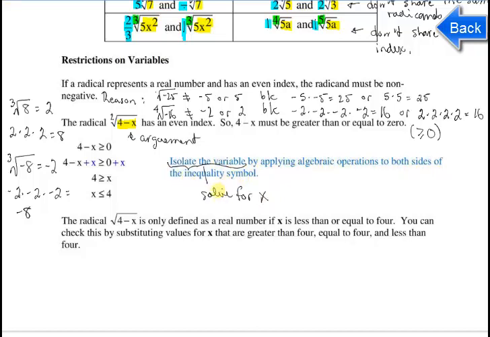So if we want to isolate this, we need to add x to both sides. So on the left now we have 4 minus x plus x. Negative x plus x will give you 0, and you're left with 4, and 0 plus x is x. Now generally we do not write inequalities where the variable is after the inequality sign. We normally write it in front. So we're going to write that x is less than or equal to 4. And this is our restriction.